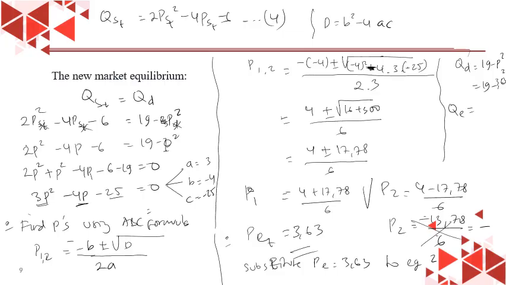How much have you found? 19 minus 13.18, 5.82, yeah. Now that's all. And then you make the conclusion that the new equilibrium because of the tax is that one. The quantity is 5.82 units and the P is 3.63 monetary units. Okay, I'm sure you can write the conclusion out by yourself.